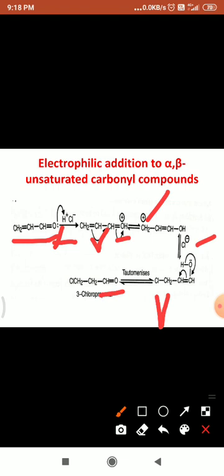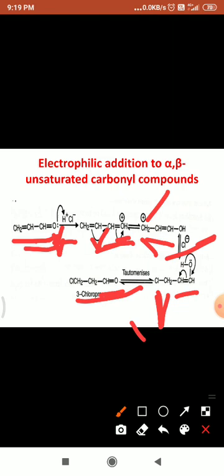That means first in the presence of this reagent HCl, this compound forms enol, as the carbonyl oxygen takes H plus and forms OH plus, that is it forms this type of enol and carbonium ion here. This carbonium ion takes the negative part of the addendum, in this case chlorine is added at this carbonium ion, and again this enol part undergoes some rearrangement and forms this carbonyl compound again.